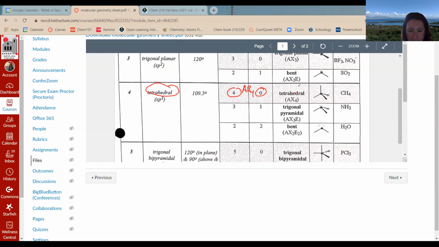And again, see how I used an X here instead of a B? This would be A, B, 3, and then 1 E. And again, I used an X, but that's trigonal pyramidal. Here's A, B2, E2. And again, I used X's. And it is bent.